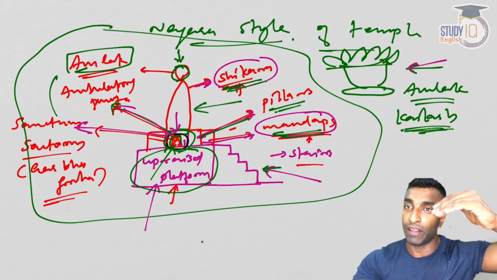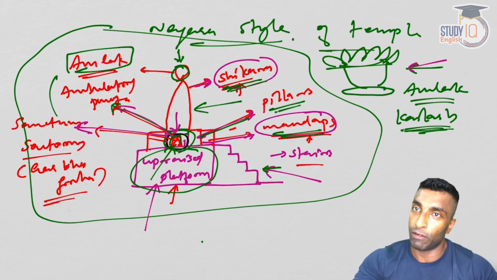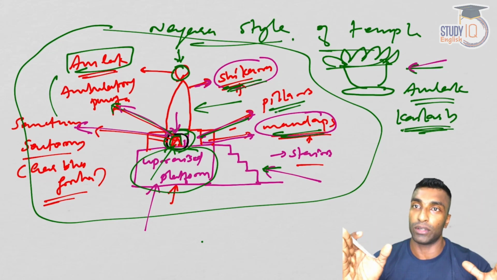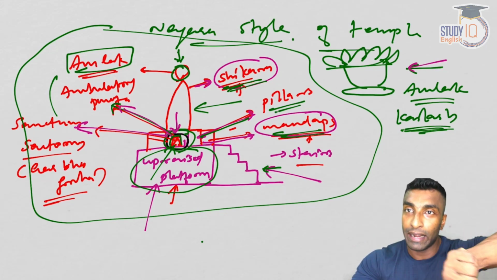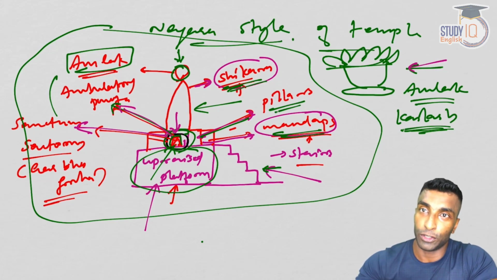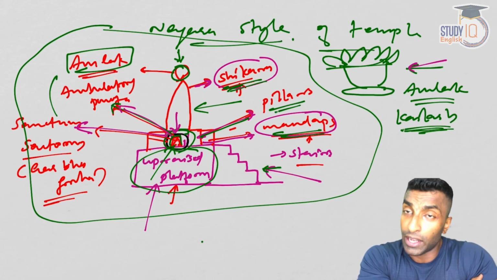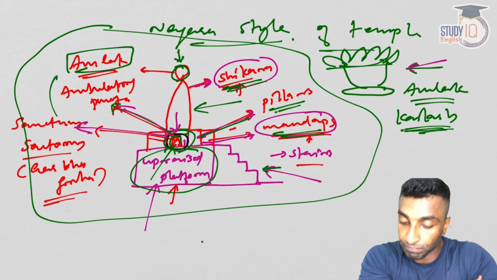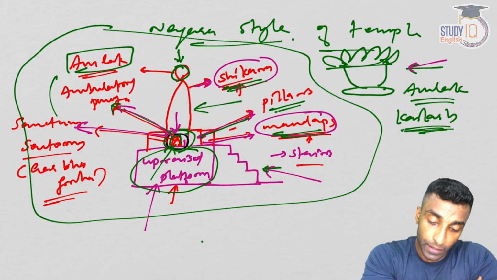There will be pillars, there will be the deity, or the god. In that 1+4 style, there will be one main god, and then there will be 4 subsidiary gods also, and then there will be an ambulatory passage around the sanctum sanctorum, Garbhagriha, where the deity is actually kept. Okay, and then shikhara, that is the curvy linear structure. So this is about the Nagara style.